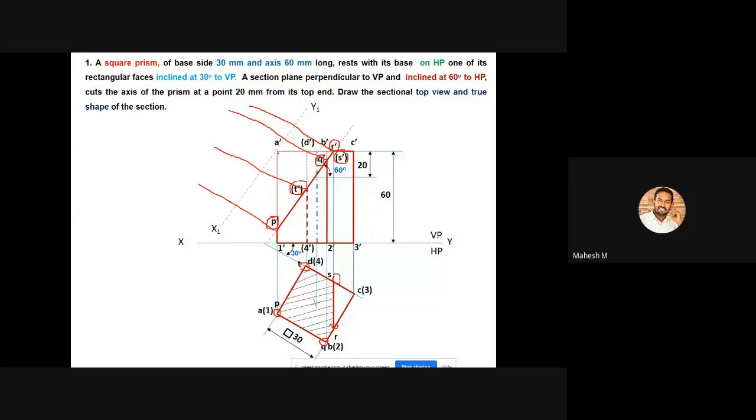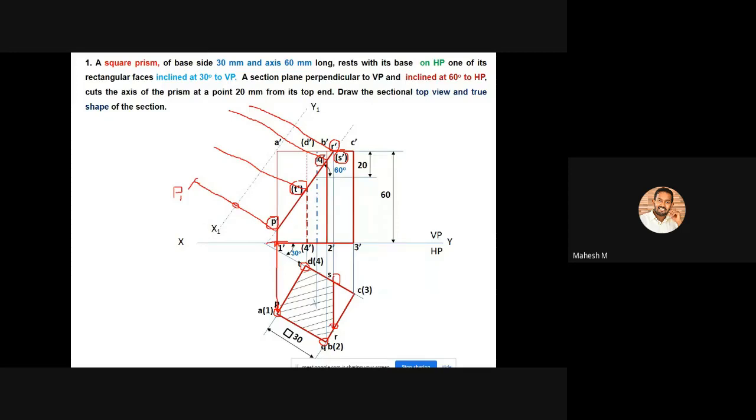Next, you have to measure the distance between the reference line and P dash. You can measure this distance. Then you can mark the distance from the imaginary reference line towards this vertical line. This particular point can be marked as P1, so please mark it as P1.